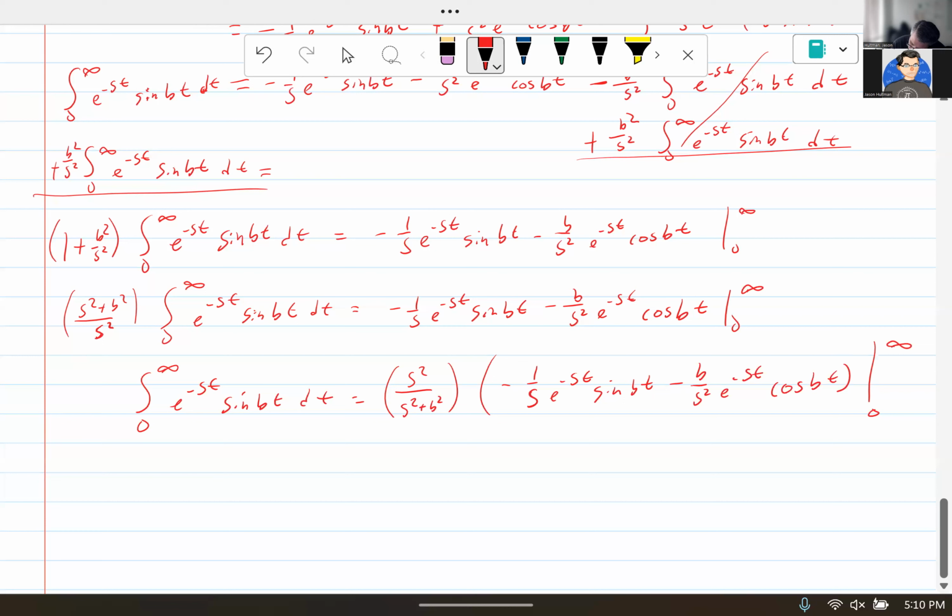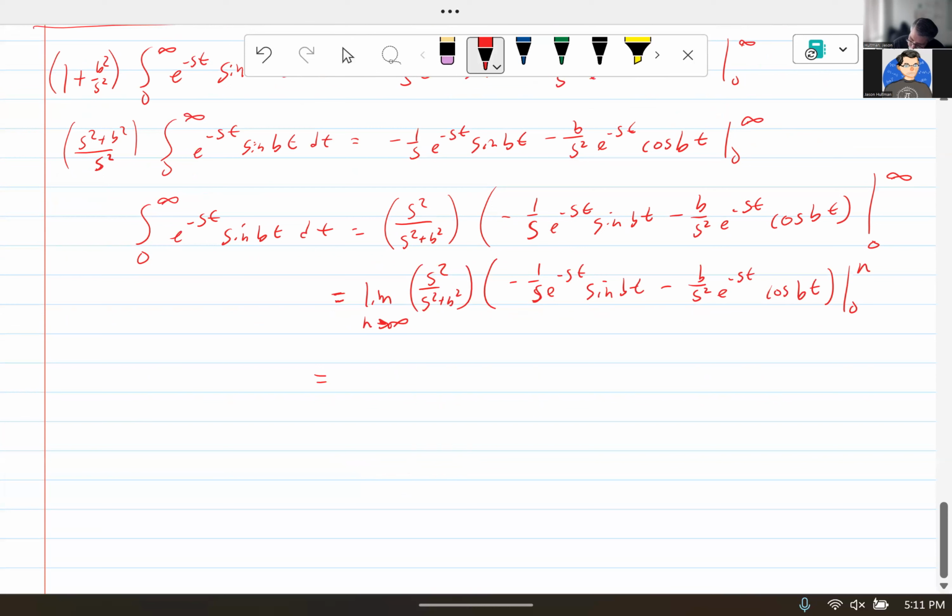Okay, so this is equal to the limit as n goes to infinity of s squared over s squared plus b squared times negative 1 over s e to the negative st sine bt minus b over s squared e to the negative st cosine bt. I'll evaluate it from 0 to n now.